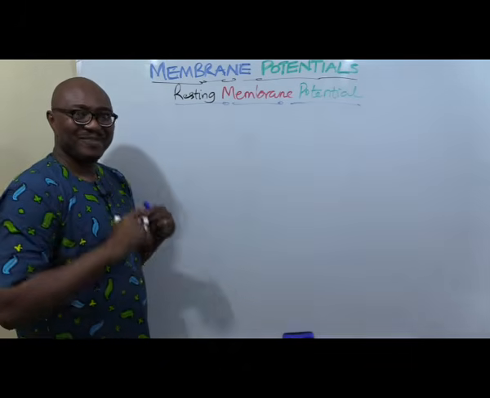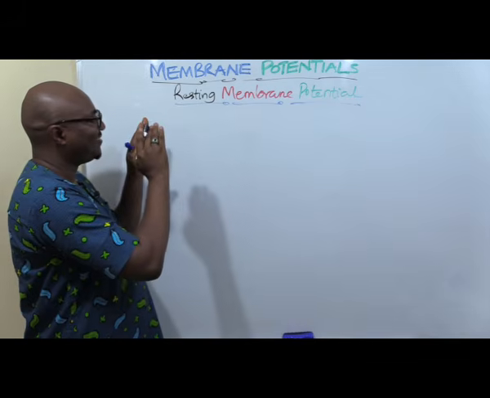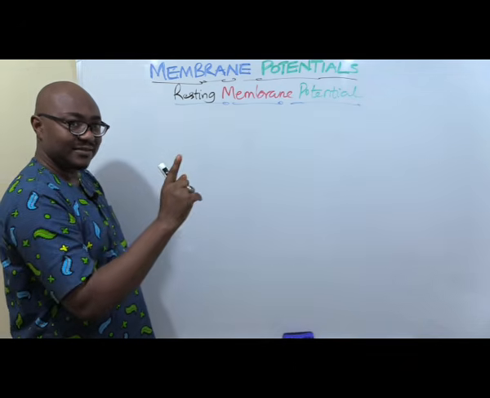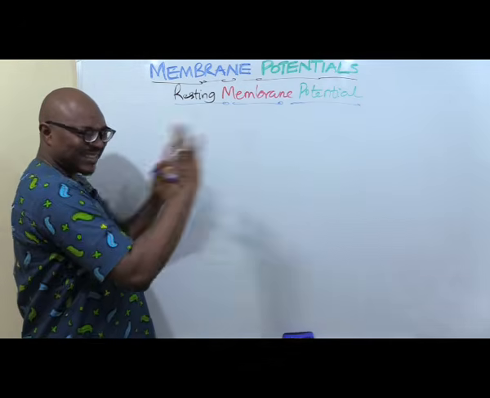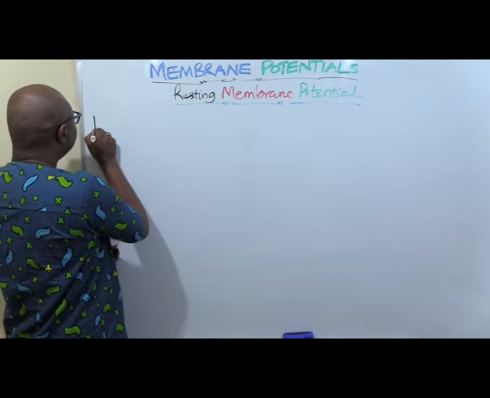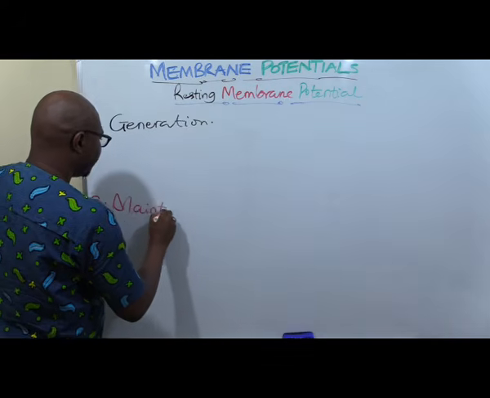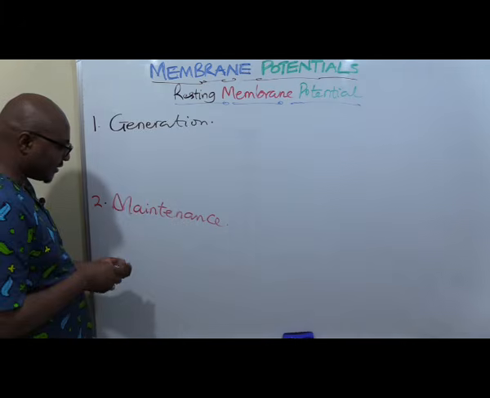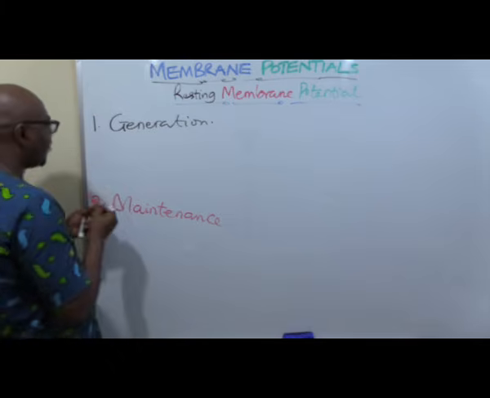All right, welcome back. So now we want to deal with how this resting membrane potential is generated, number one, and how it is maintained. How is it established in the first place? We're going to be dealing with how it's generated and how it's maintained. Under this generation, there are two things that are involved.